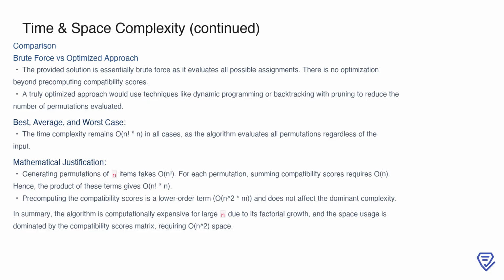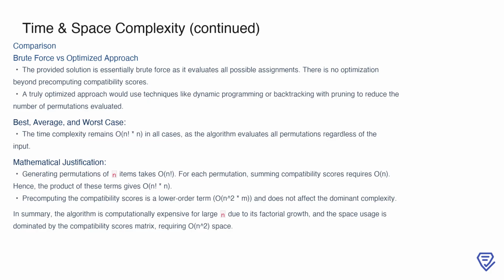Finally, let's compare the brute force approach used here with potential optimizations. The current solution evaluates all possible assignments, making it a brute force method. While pre-computing the compatibility scores reduces redundant calculations, there is no optimization to reduce the number of permutations evaluated. A more efficient approach could use dynamic programming or backtracking with pruning to eliminate invalid or suboptimal permutations early.